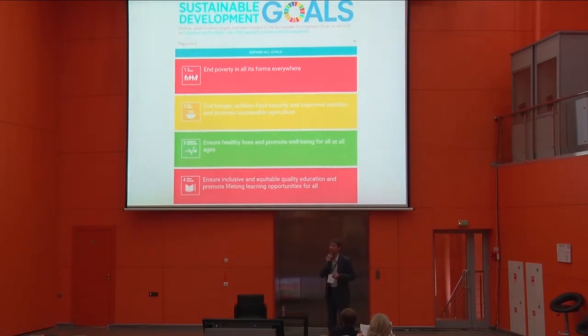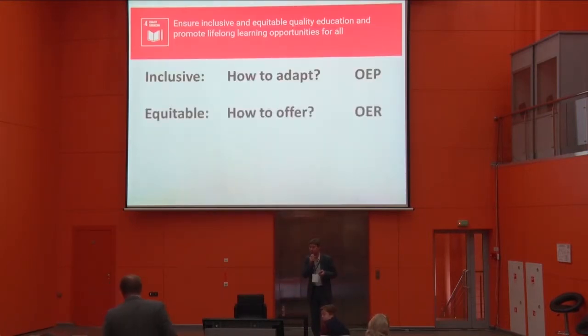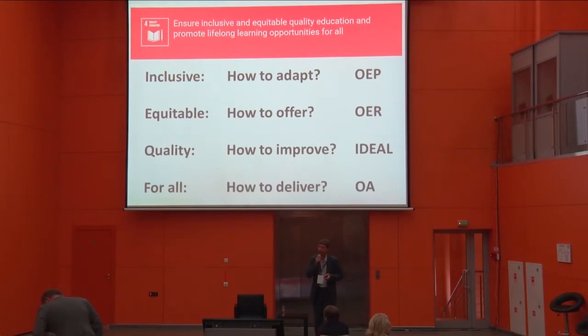It is very hard to make a priority list, but it is important to know that education is among the top 4, and I think there is a very good reason, because without education, we have a problem in the future with the future generation. And this is what the 4th Sustainable Development Goal is about.